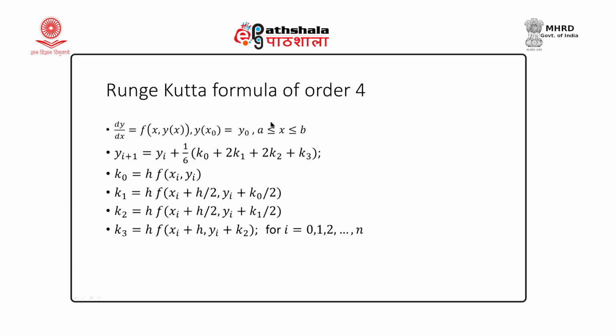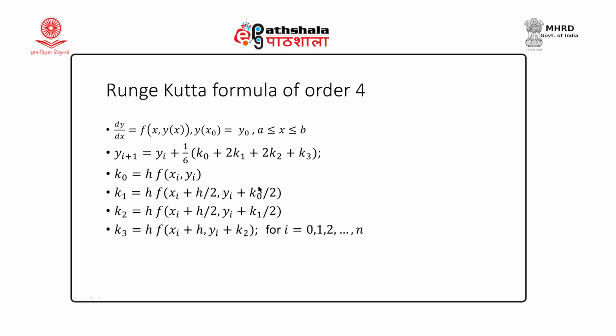This is our initial value problem. yi plus 1 is yi plus 1 by 6. There are 4 terms k0, k1, k2 and k3. k0 is h f x i, yi, the same which we had in the order 2. k1 is now h f x i plus h by 2, and yi plus k0 by 2.